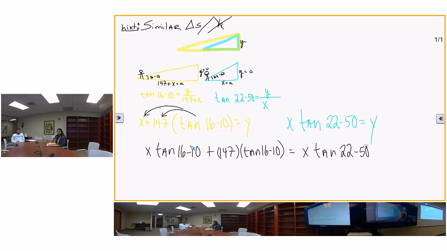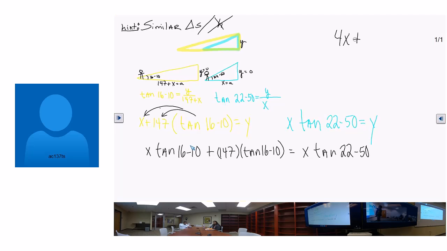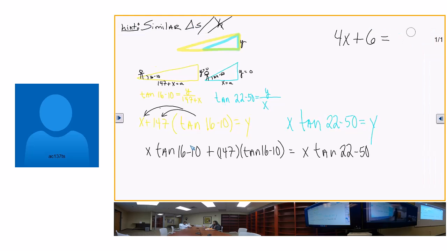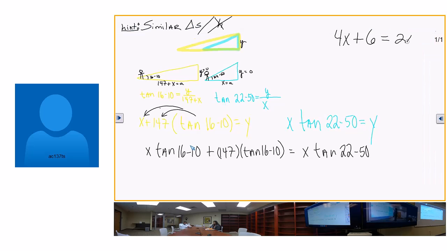Okay, now what? Now you have nothing but an algebra problem. This is just like 4x plus 6 is equal to, I'm sorry, equal to 2x. What do you do in this case? What do you do with this pre-algebra problem?